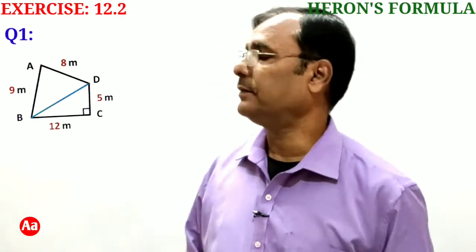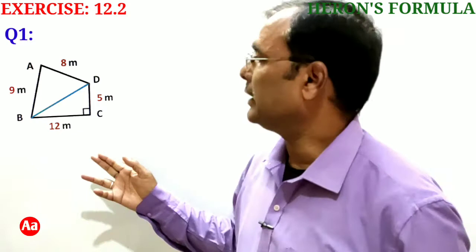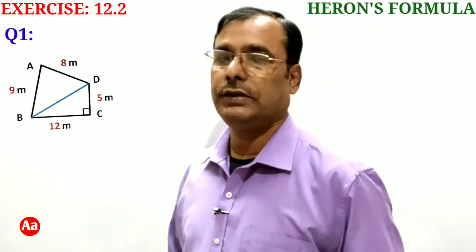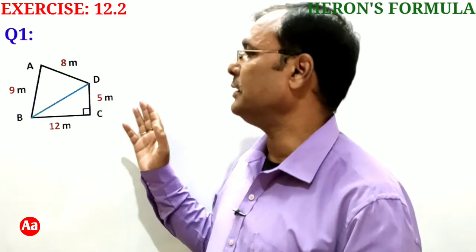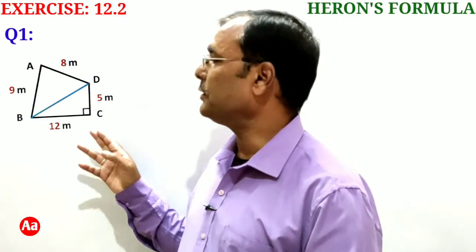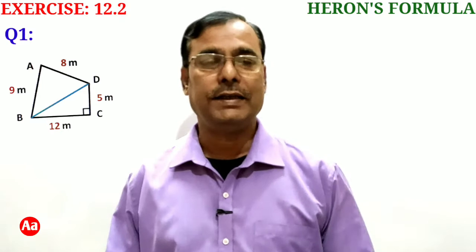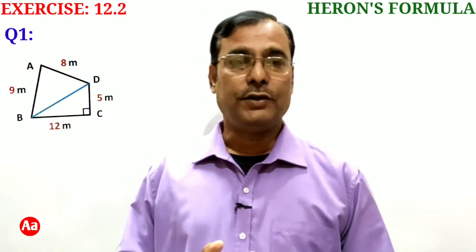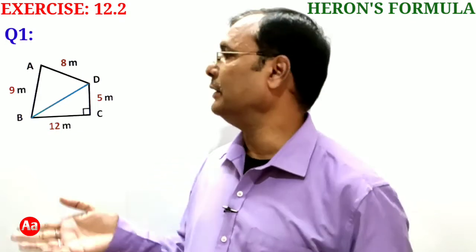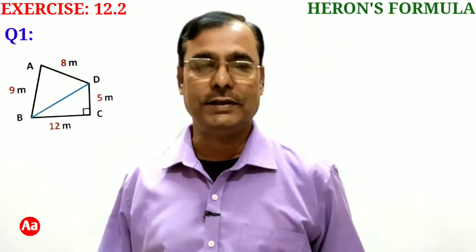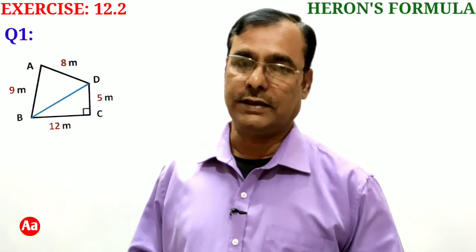Look at this figure. In this figure, ABCD denotes a park with the lengths AB, BC, CD and AD as 9 meter, 12 meter, 5 meter and 8 meter. Heron's formula is used to find the area of a triangle, and here park ABCD is in the shape of a quadrilateral.